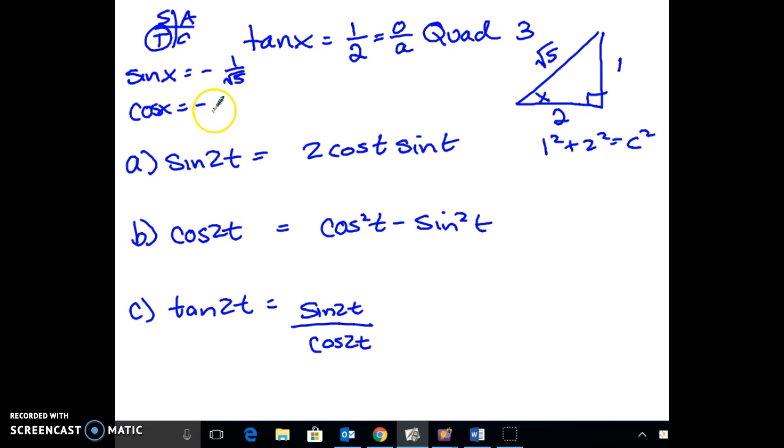And for cosine, I've got adjacent over hypotenuse. For the sake of this stuff, you could probably leave the radical on the bottom because you're going to use those later on. If it bothers you and you want to rationalize them, that's fine. I'm just going to leave them like this because I don't think it's going to cause an issue.